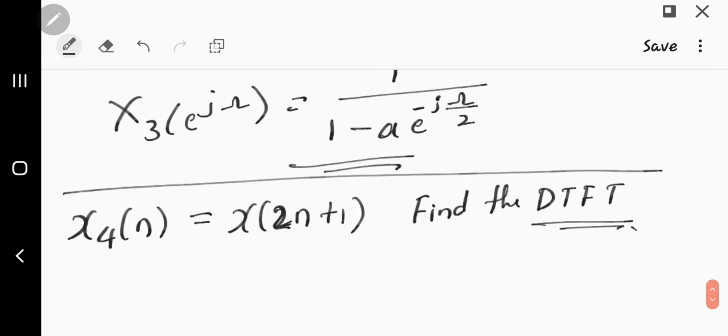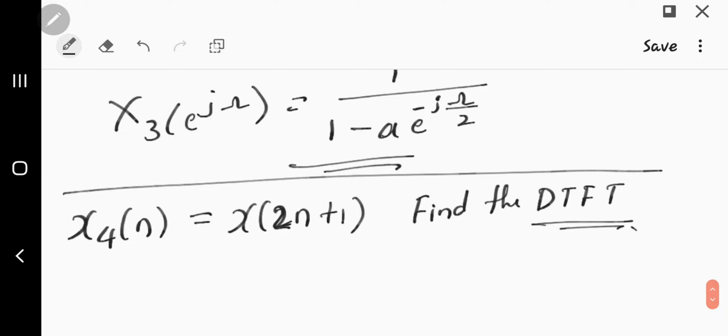So I think I have tried to cover different types of problems in the videos that we have previously discussed: basic problems using properties, finding the inverse, and how to find the value of x of n if phase and magnitude are given.